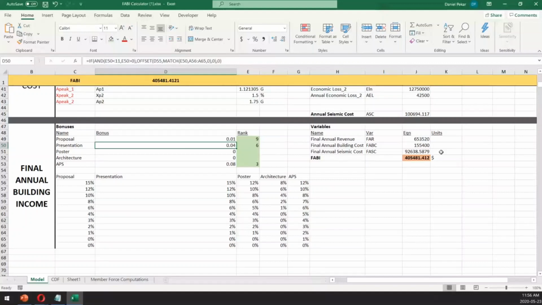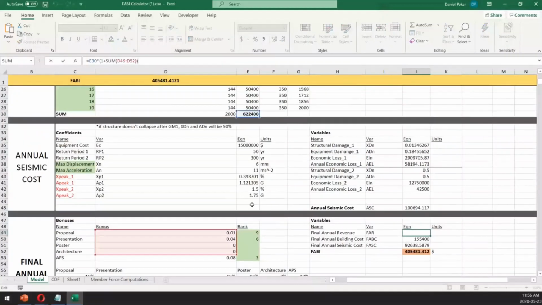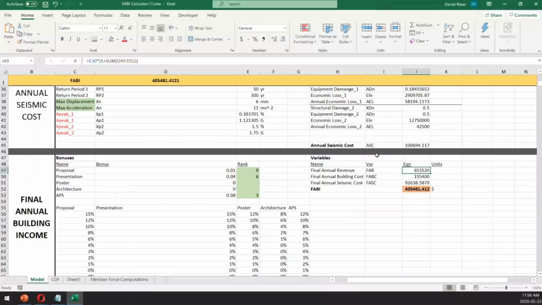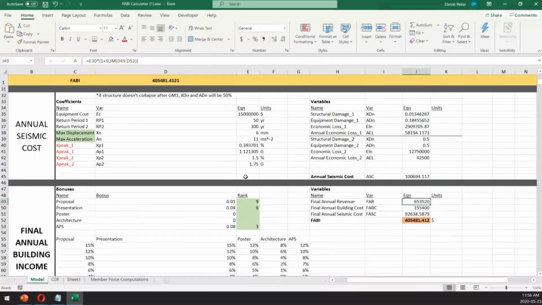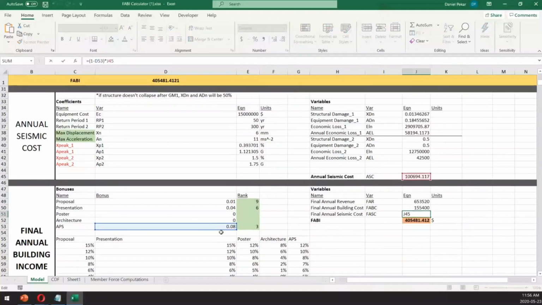All we do with that is our revenue is this revenue number multiplied by 1 plus our bonuses. And you can see, since our revenue is huge, 600,000, every 1% of bonus is another $6,000. Building cost is just whatever we calculated before, nothing different. And then seismic cost gets discounted by this APS factor.